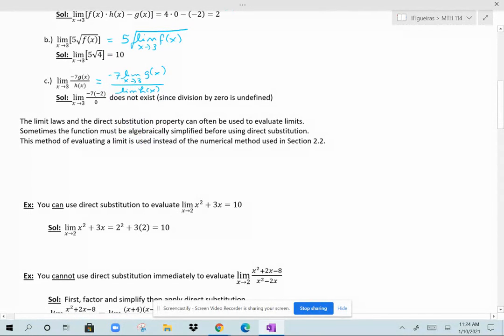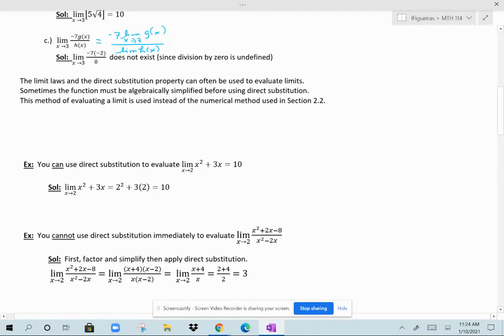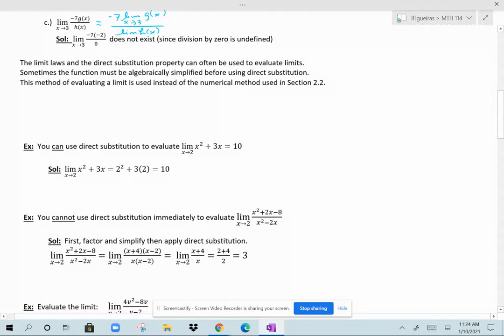In this case, we cannot use direct substitution immediately to evaluate the function, because if I plugged in 2 in here, I would be dividing by 0, and we know that that is undefined. So we're going to see if we can do anything to simplify it first. Both the numerator and the denominator here are factorable.